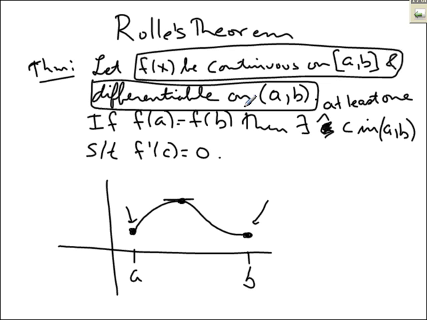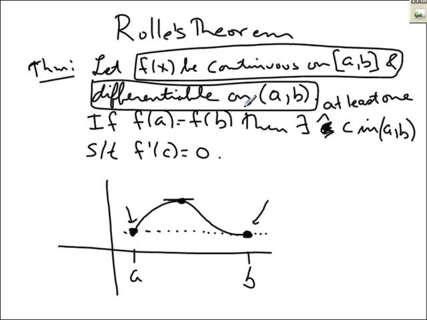In fact, it happens to be the same slope as the line that goes from f of A to f of B. It happens to be the slope of the line that goes from here to there, which will always be 0 because they both have no change in y. The slope is a change in y over the change in x.